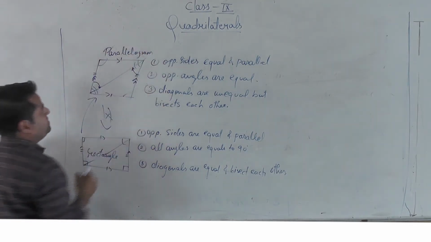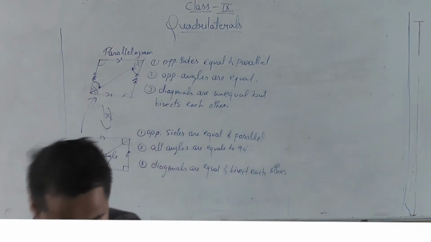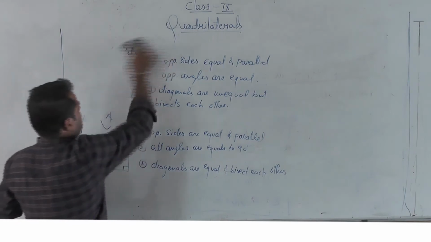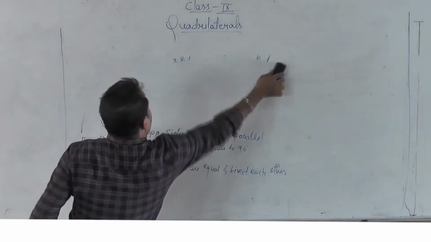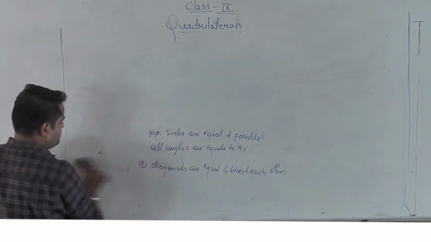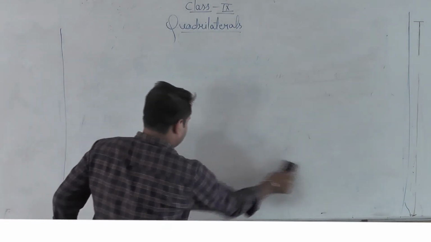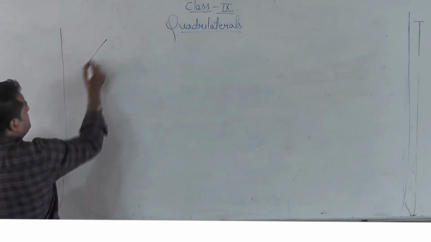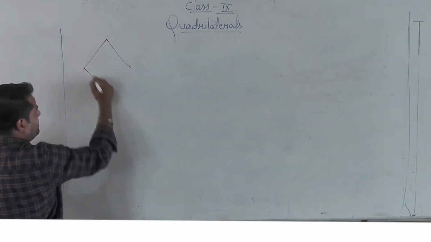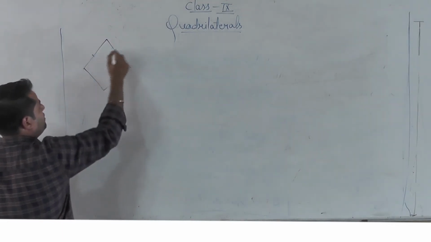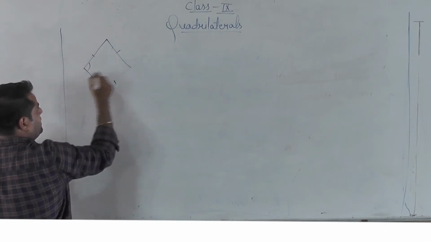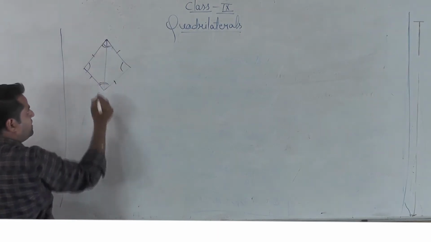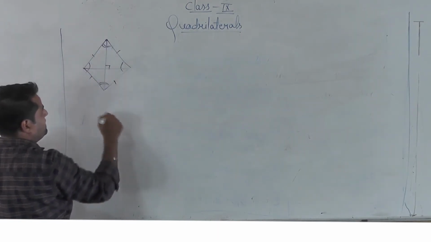Okay, with that you need to know the property of rhombus and square as well. So let's see the property of rhombus and square as well. What is a rhombus? A rhombus is the shape of a parallelogram, but having all four sides equal to each other. In that, opposite angles are also equal. Diagonals are not equal but bisect each other at 90 degrees.